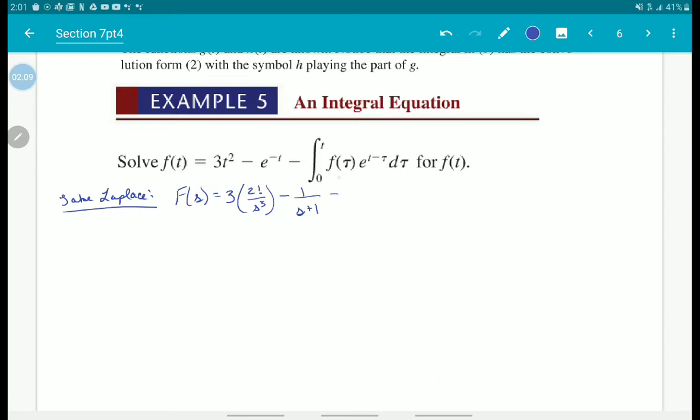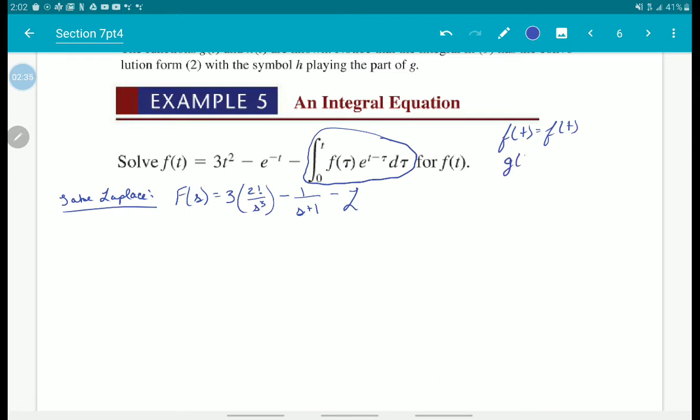And then we need to take the Laplace for this one. So that's recognizing that this is a convolution. We just have to know what our f and our g is going to be. So in this case, our f of t is just the function f of t.